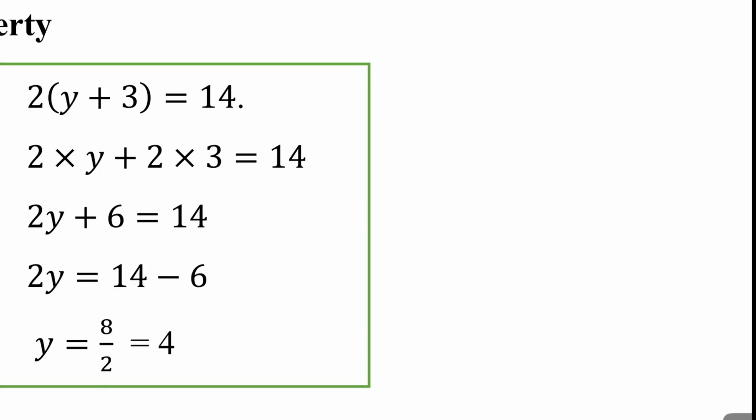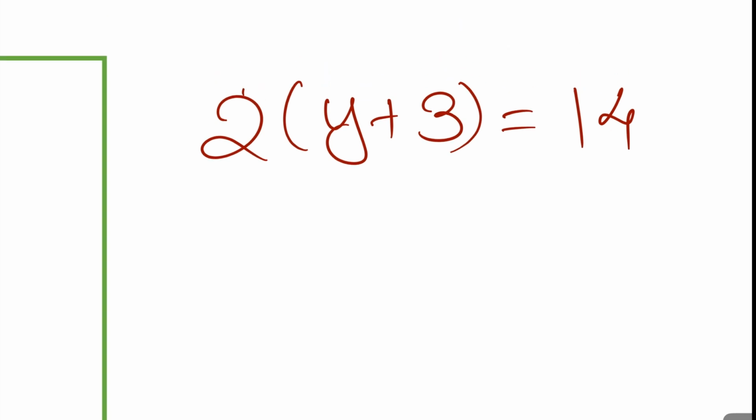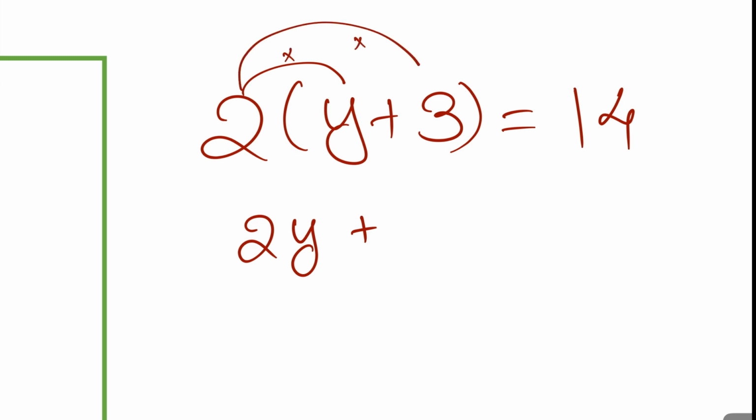So your question is 2(y + 3) equal 14. The first step is you have to multiply 2 and y, that is 2y. If you want, you can show the multiplication sign in between, but I'm not showing this right now. Then you have to multiply 2 and 3.